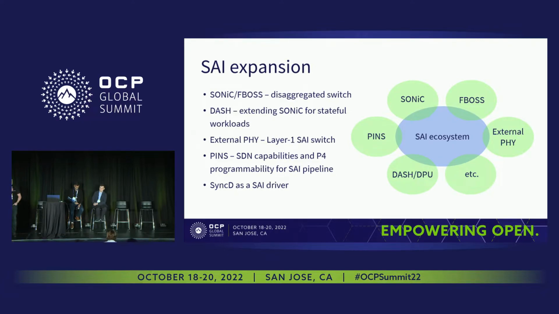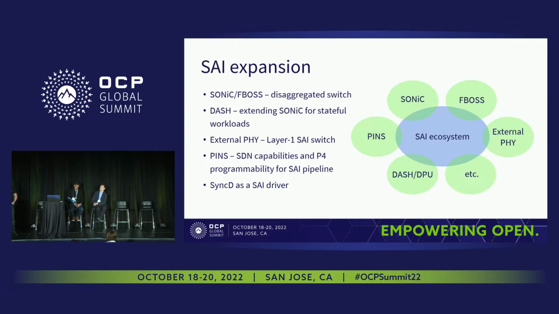Initially, as I mentioned, SAI was developed for switching silicons, integrated into different types of networking operating systems like SONiC, FBOSS. Then extended with external file support, DASH use case with static workloads, and programmability for the SAI pipeline in the PINS use case.